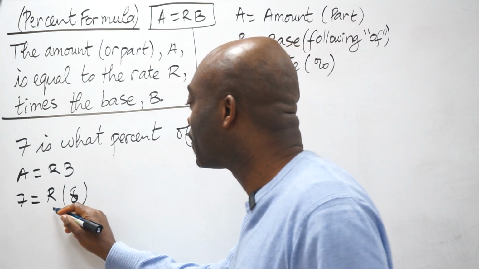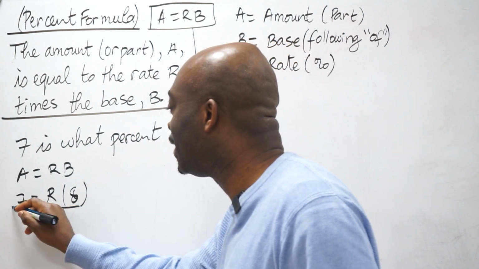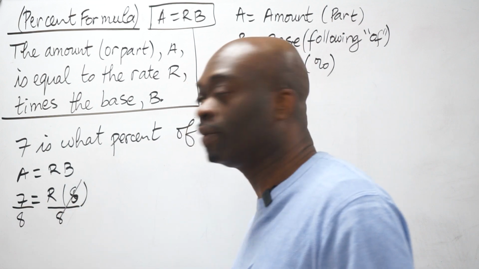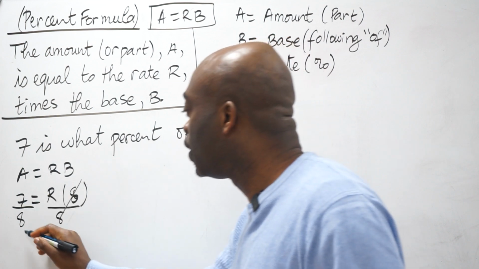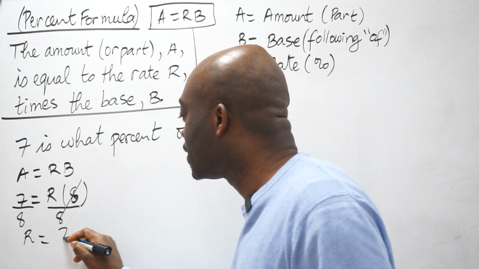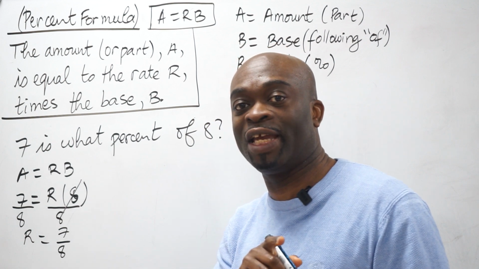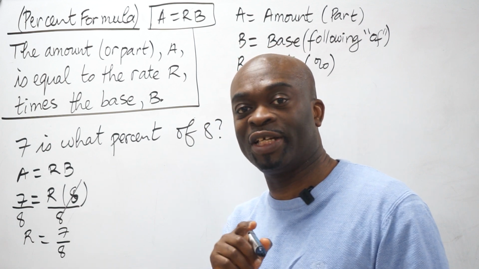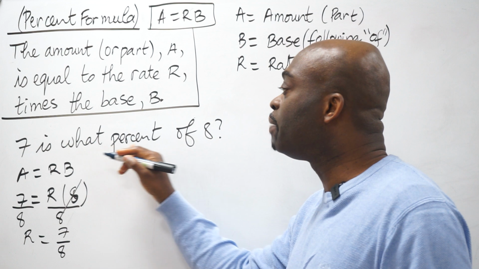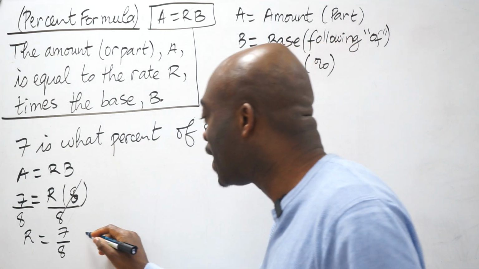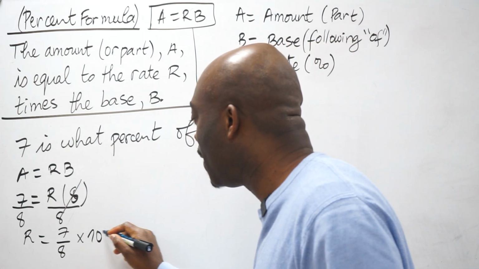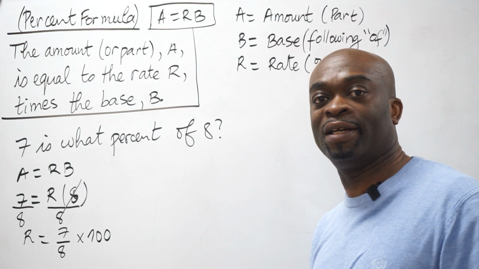We divide both sides by 8. The 8s cancel, and we end up with R equals 7 divided by 8. And what don't we want to forget? The percent, because we're dealing with a percent. We want the percent, so we have to multiply this answer by 100.